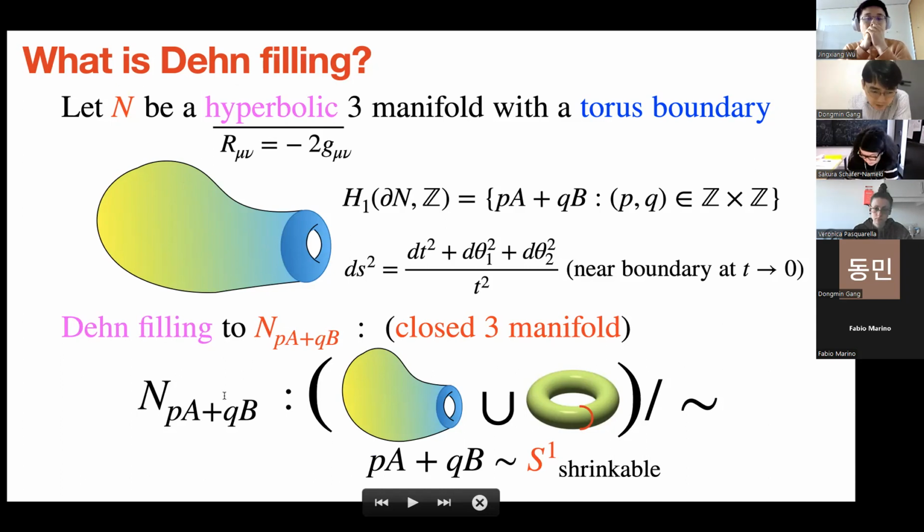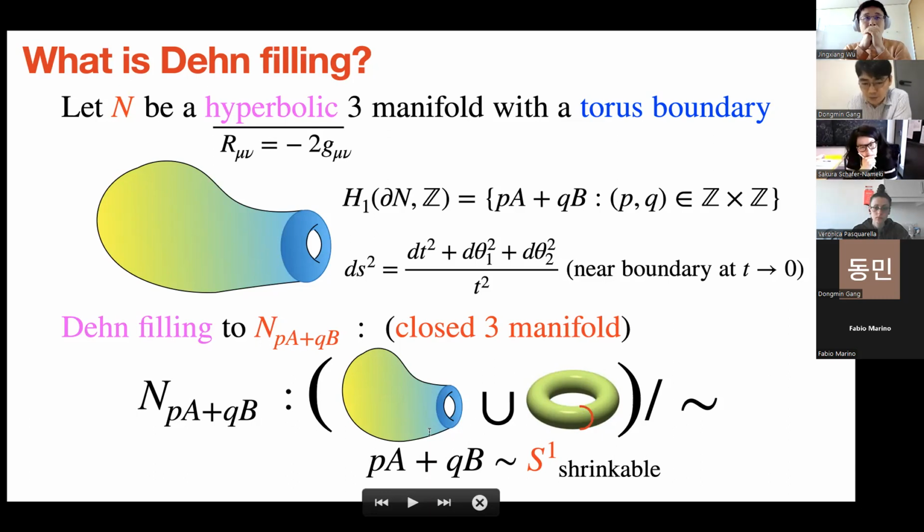This notation says that we are considering the gluing of this hyperbolic 3-manifold with a torus boundary to a solid torus, and we are gluing the primitive boundary one-cycle, which is labeled by the choice of P and Q, where P and Q are coprime, to the contractible cycle of this solid torus.